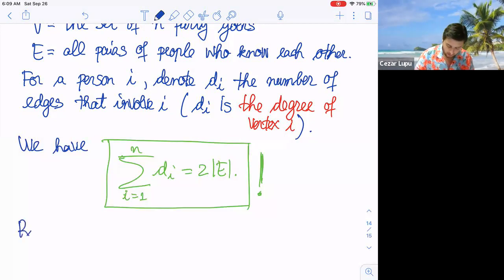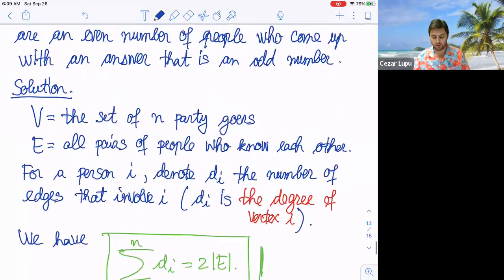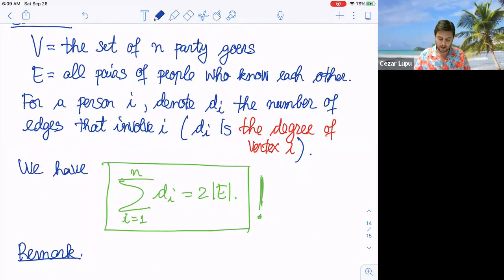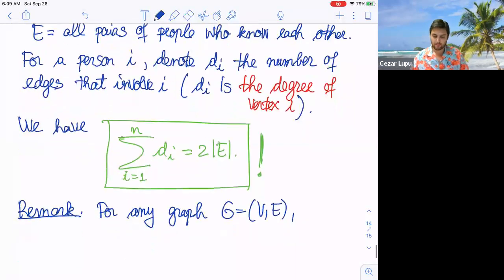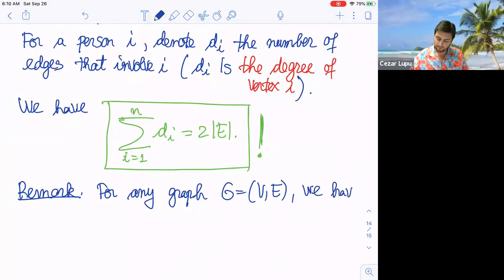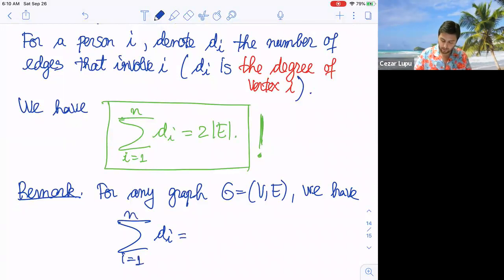And let me point out this useful fact: at the heart of this problem lies the fact that for any graph G, the sum of the degrees is nothing else than 2 times E. That's the most classical thing to study for a graph.